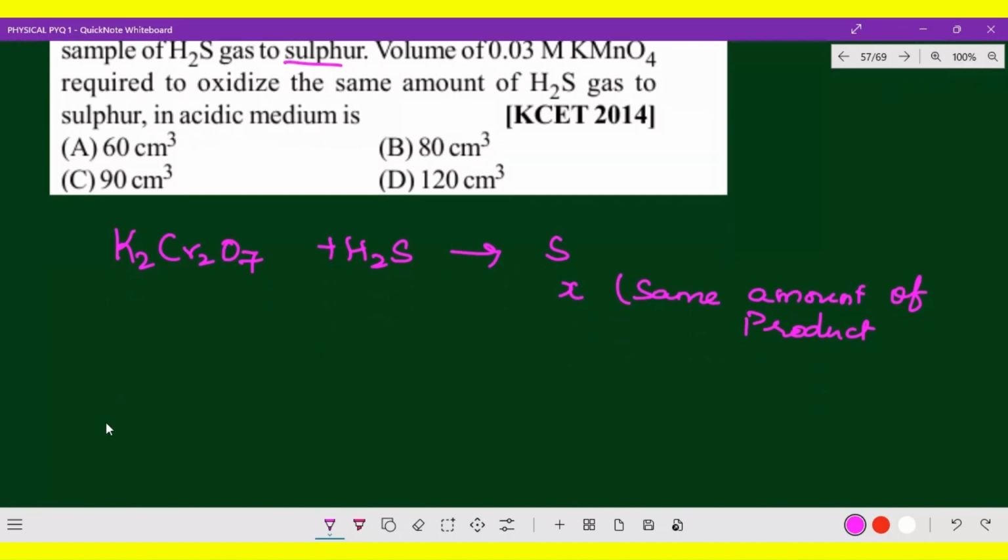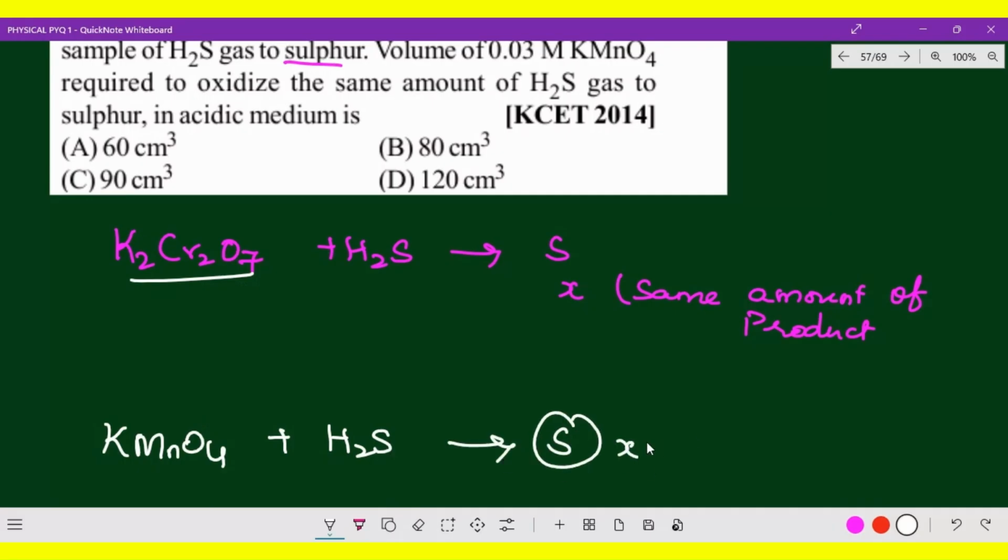So here also the same: this is K2Cr2O7, and this is KMnO4 plus the same H2S gas, and here also sulfur, X amount. The same amount of product.